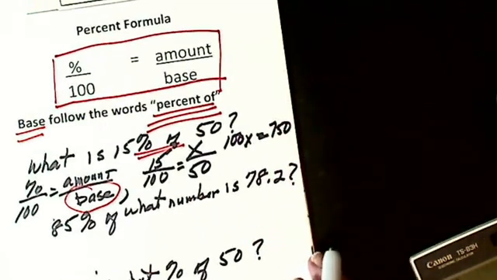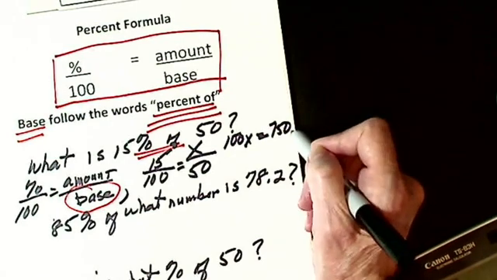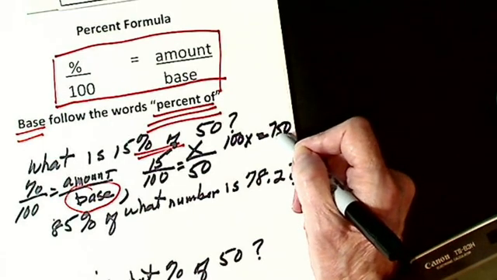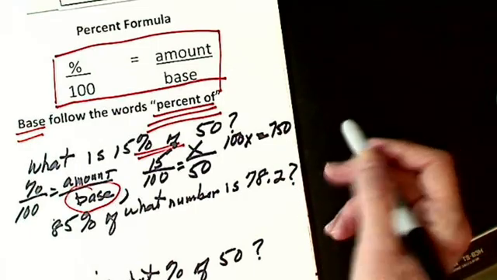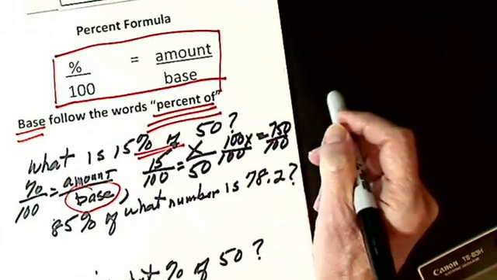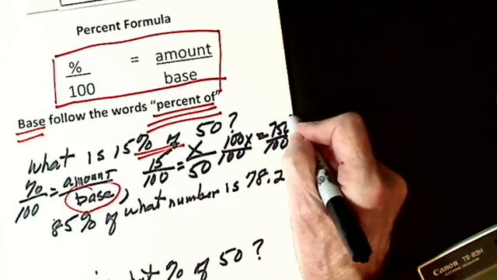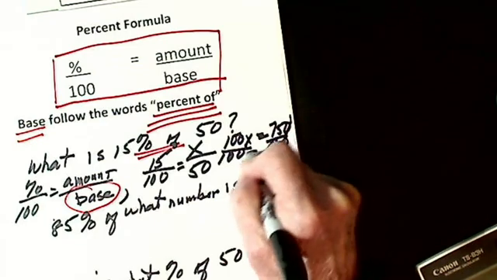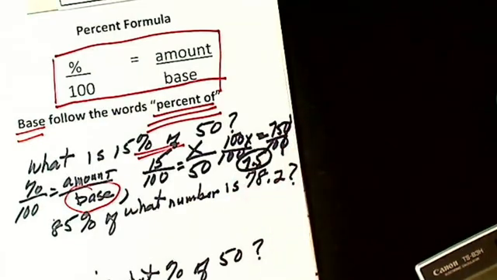Divide by 100. So now I have a choice. I could take my 750 and move the decimal 2 places. That's how I divide by 100 and get 7.5. Or, if you want, I can divide by 100, knock off pairs of zeros, divide by 10, move that decimal. But I'm going to get 7.5.